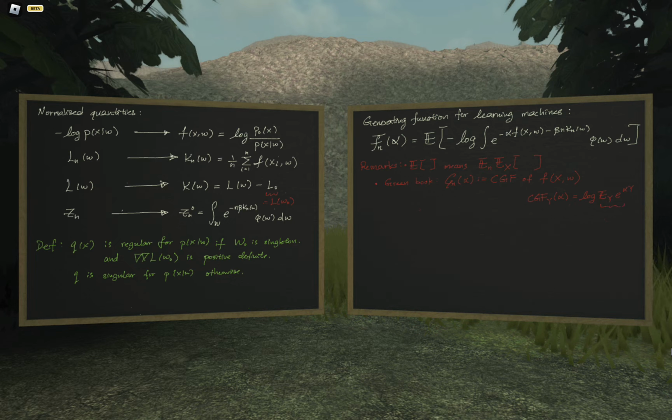So that's the moment generating function, and cumulant generating function is just a log of the moment generating function. The moment generating function encodes the moments: the first moment is the mean, the second moment is related to the variance, and so on. For cumulants, the first cumulant is the mean, the second is actually the variance, and higher cumulants are different, not easily interpretable.